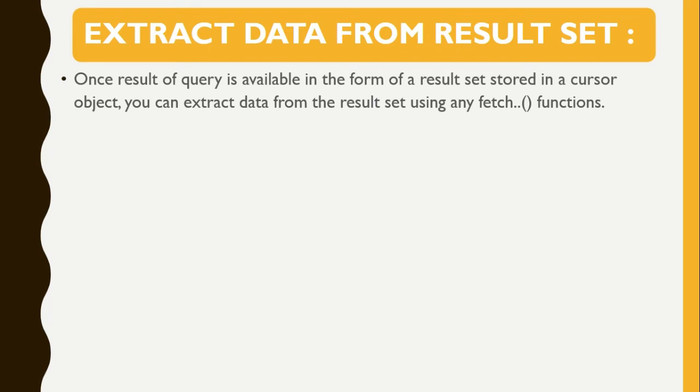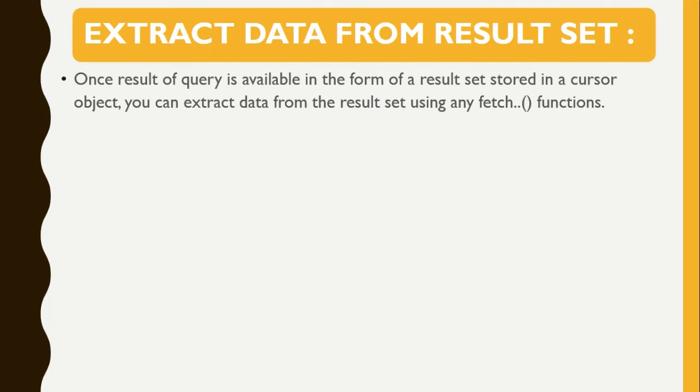So you all know that whenever I am applying the select query and I am displaying the result with the help of my cursor, it means my cursor will store all the result set. You can extract the data from the result set using the fetch function.